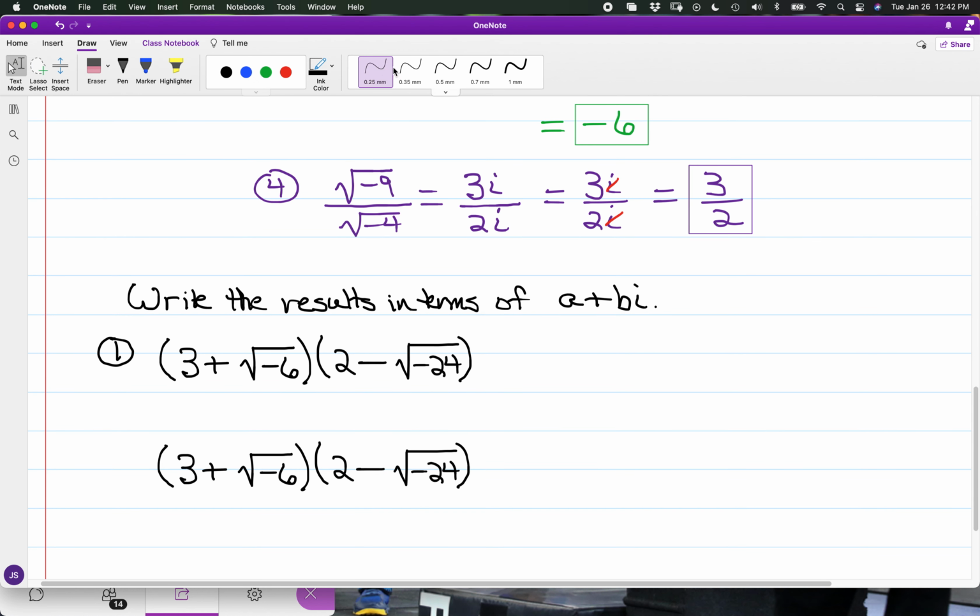In terms of writing the complex radicals in terms of the variable i, right now we're going to have 3 plus the square root of 6 times i. Now for the square root of -24, I'm going to go ahead and reduce this one.